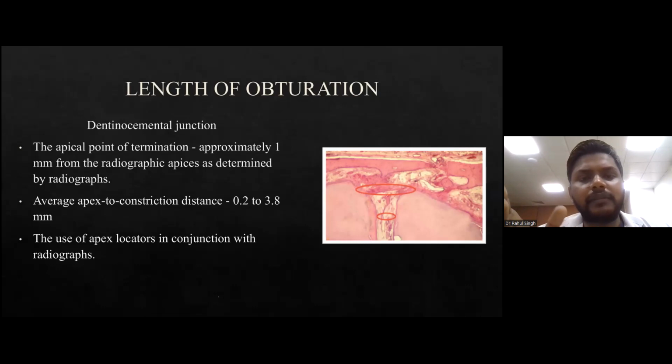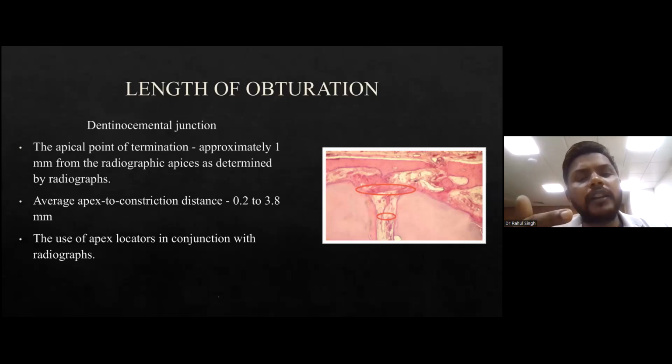There are times in which the opening of the major apical diameter, or the foramen, is not always at the apex. It can be buccal or lingual as well. So if your apex locator is showing a reading that is at the apex and you have obturated at that level, but then you take a radiograph and see that it is 2 mm short, don't worry, because the apical foramen can open on the buccal as well as the lingual side.